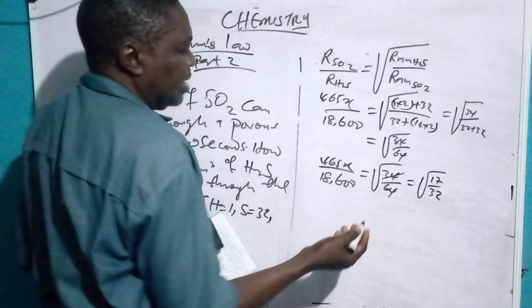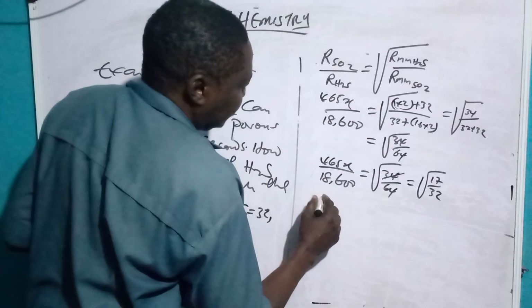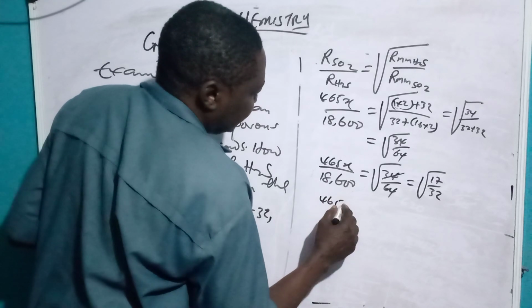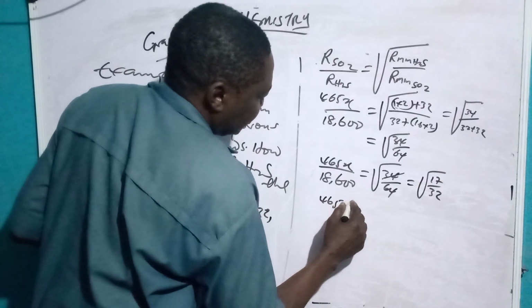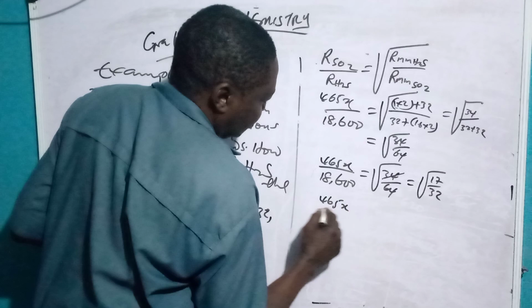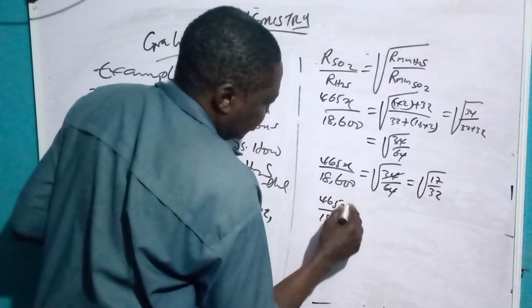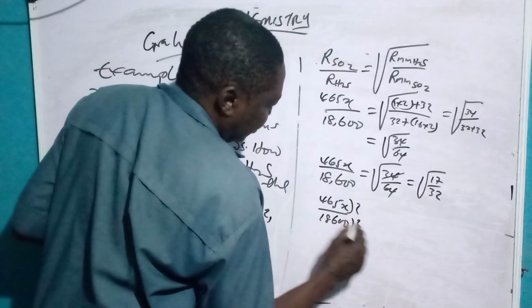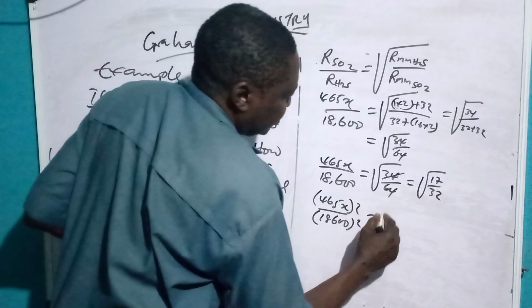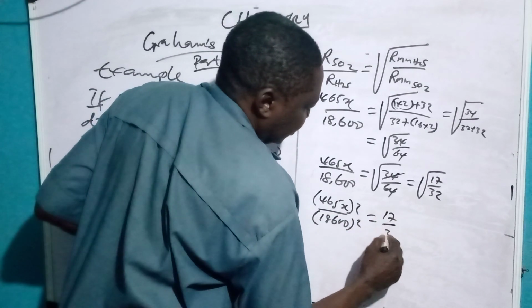Instead of wasting time, let's just square both sides. This becomes 465x over 18,600, squared, equals 17 over 32.